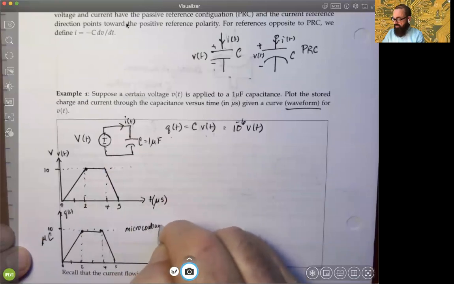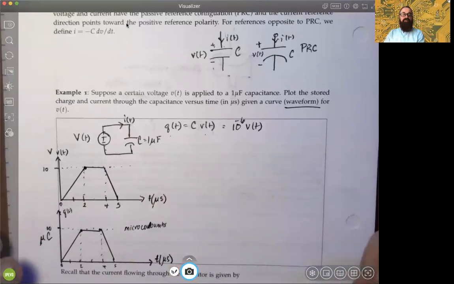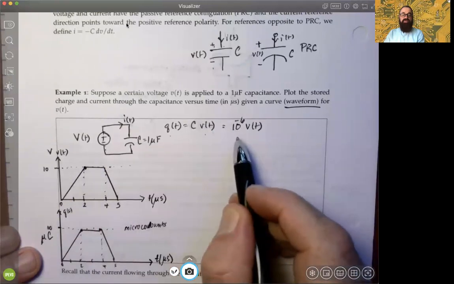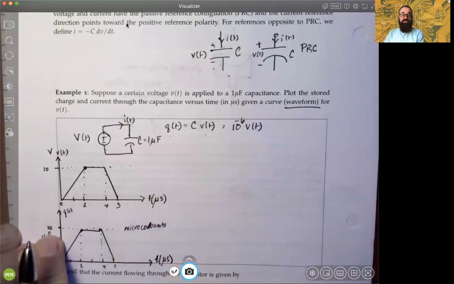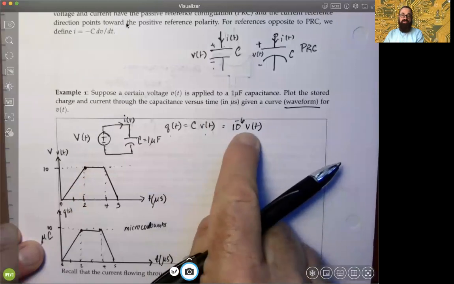Spelled it wrong. Coulombs, C-O-U-L, sorry. Okay. Again, because you're going to take this value and multiply by 10 to the minus 6. Now, if it was just 1, I would have coulombs here. It'd be volts to coulombs, but not with the capacitance.